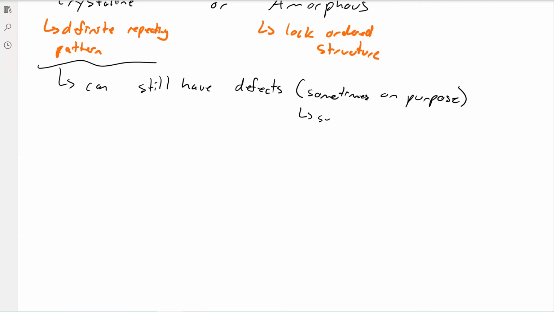So for example, with semiconductors, which are the basis of transistors in modern day computers and all kinds of different things, touch screens, solar cells, we can dope them with phosphorus or boron. You can take silicon, dope it with phosphorus and boron, and you can change the electrical properties of the material.